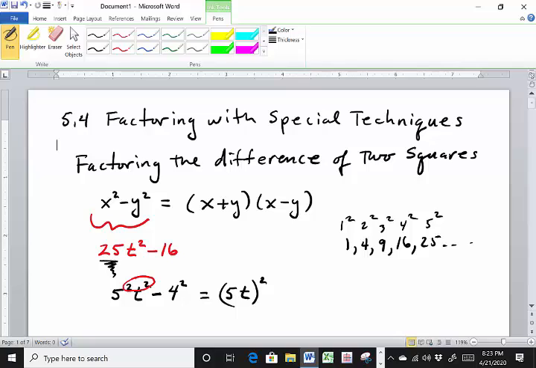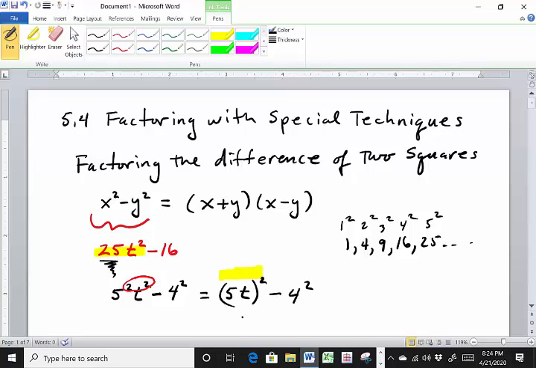That's using one of our exponent laws. So if you squared the 5, you'd get 25. If you squared the t, you get t squared. So this 5t squared is the same as this right here. Then subtract 4 squared.